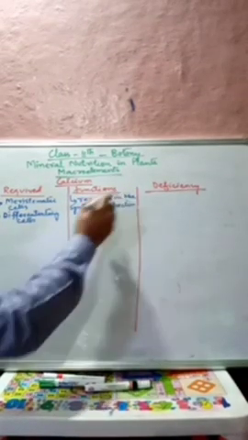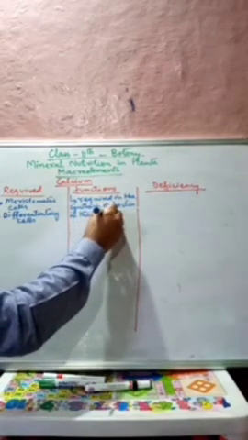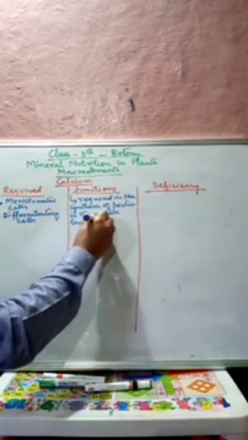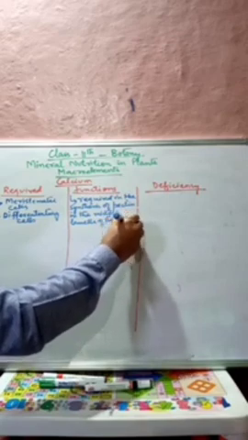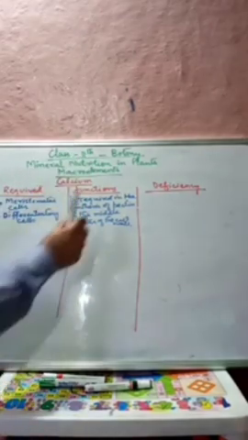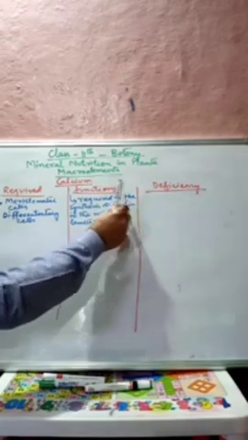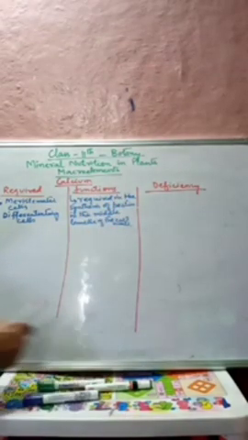It is found in the middle lamella of the cell wall. So it plays an important role in the synthesis of pectin. Where is this pectin used? It is used in the middle lamella of the cell wall.